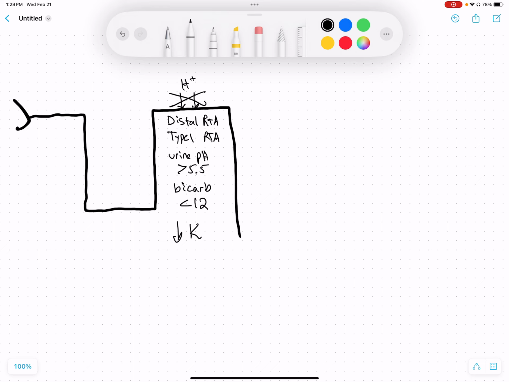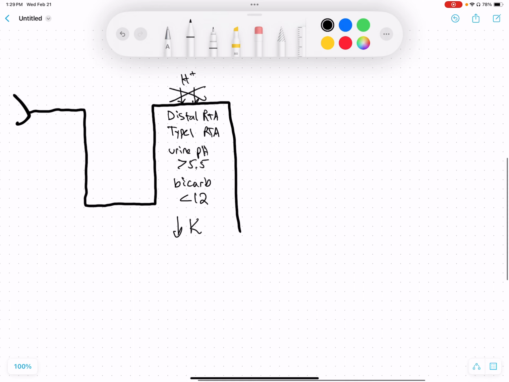They're rare. You kind of have to go looking for them, and that's why you'll see them more on the boards than in the wards in the hospital. But the rare diagnoses that can cause distal RTAs, type 1 RTAs, you got Sjogren disease, you got rheumatoid arthritis, you have the one drug that probably will come up often on the boards is amphotericin.